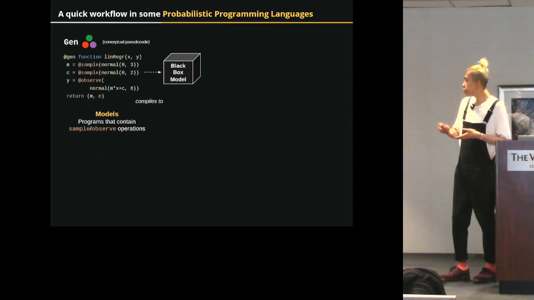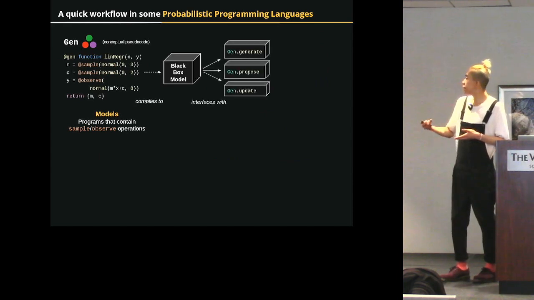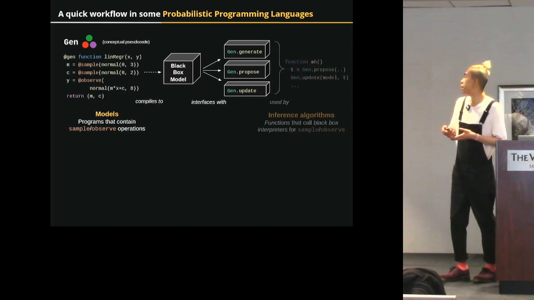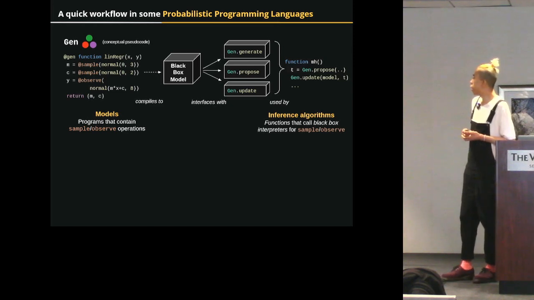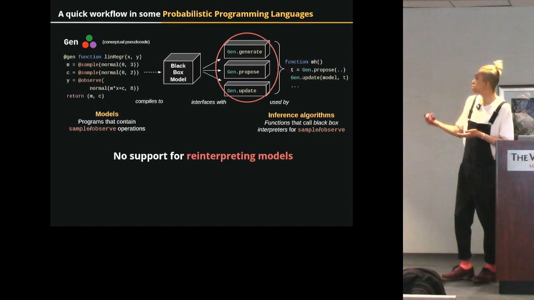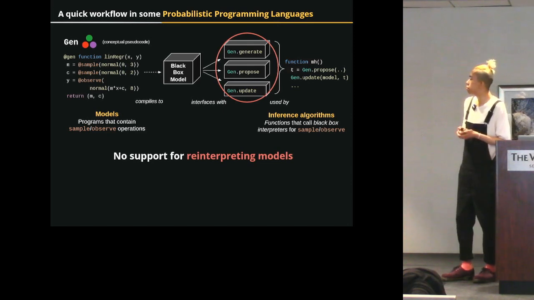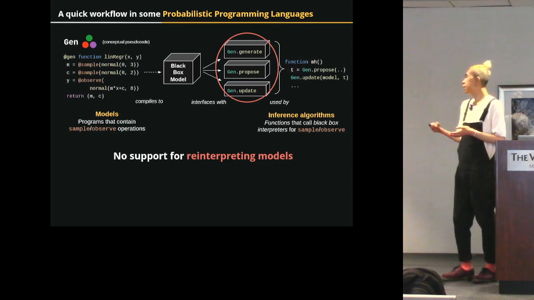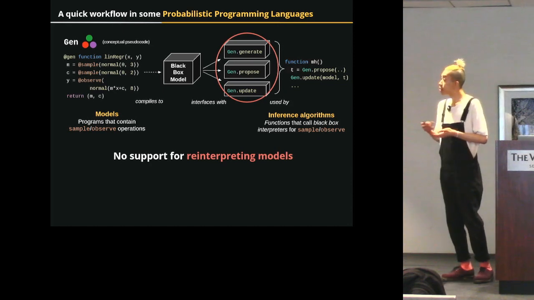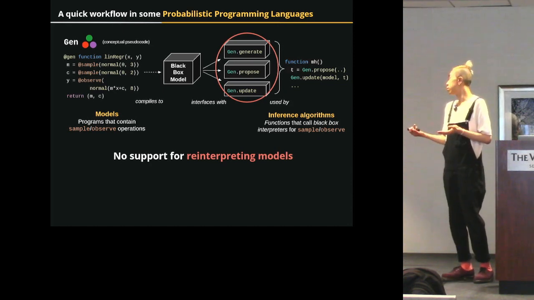So here, you're given an interface of methods for interacting with the model. By then combining these in different ways, you can then implement your own algorithm as a regular function, which is great because functions are super modular. However, the interface itself is fixed. So this means you can't program how the model executes, which in turn limits how you can program inference.